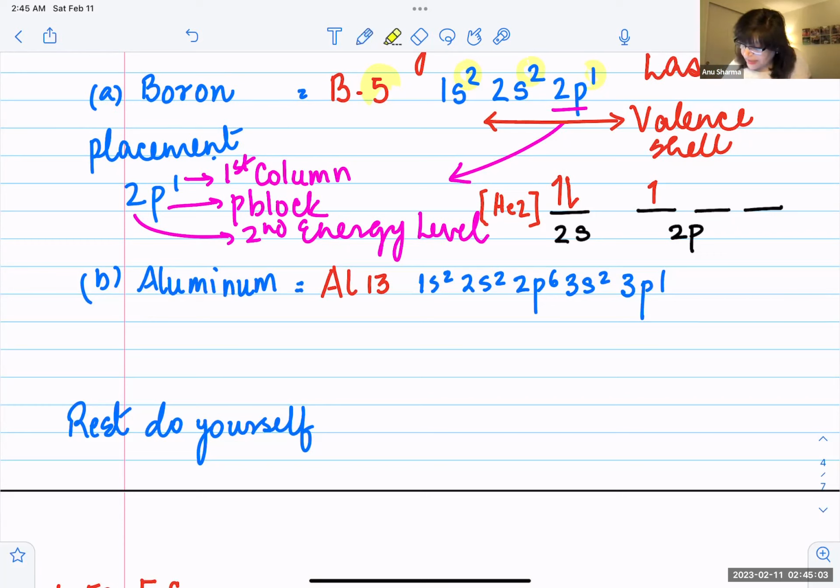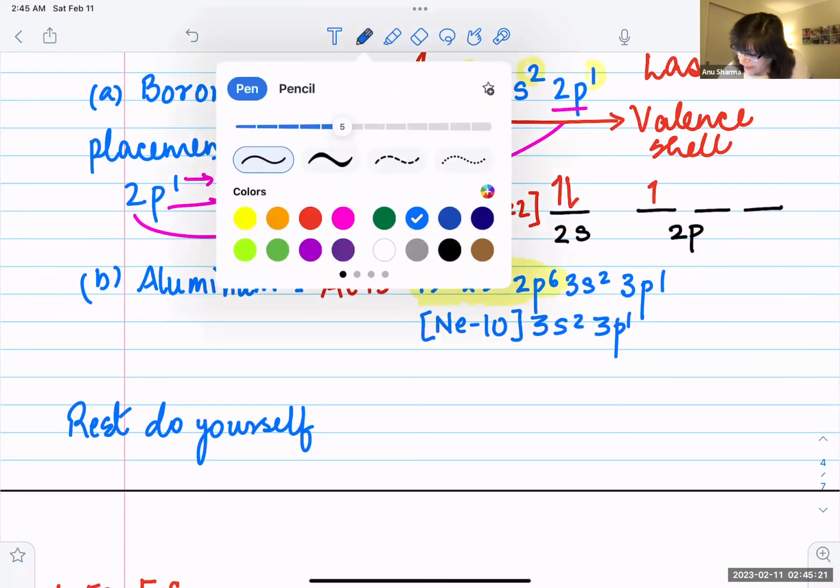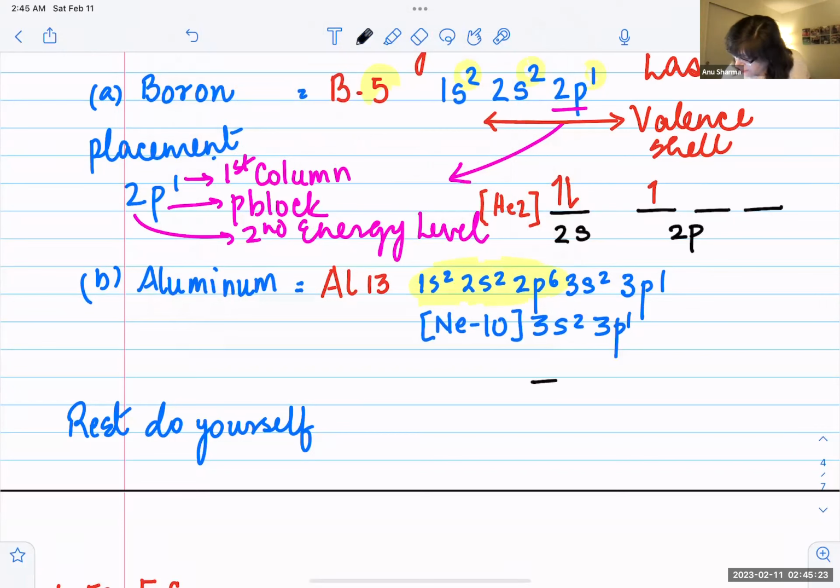Next piece is the inner core. The inner core looks like the nearest noble gas. So that nearest noble gas in this case is neon, 10. And in the valence, we have 3s2 and 3p1. And the orbital diagrams look like this: 3s2 and 3p1, 3s and 3p.